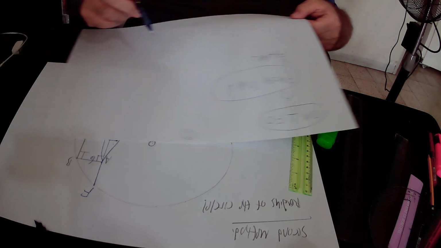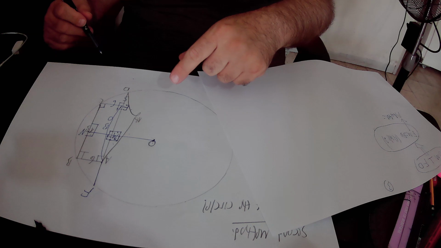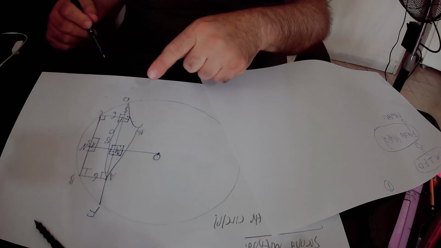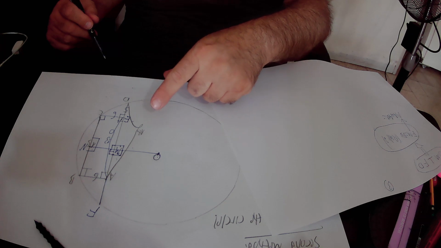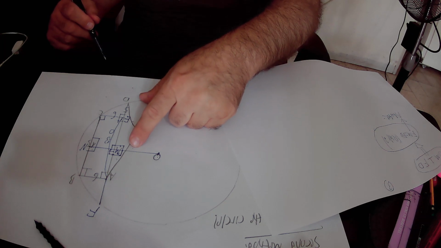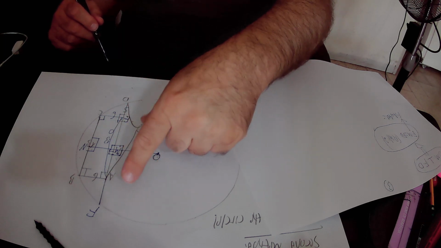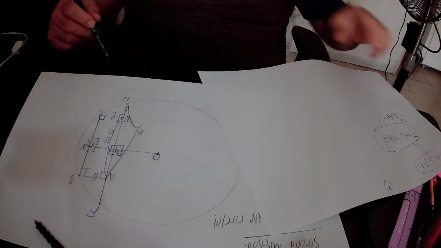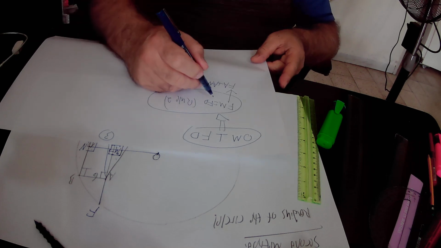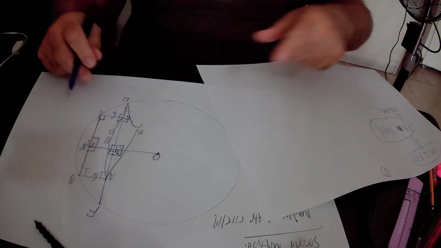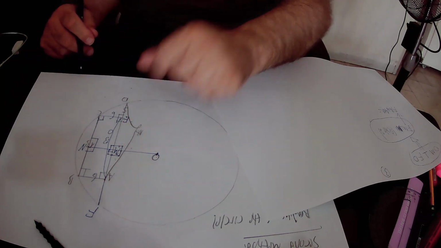OM bisects FD, which means that FM equals MD.